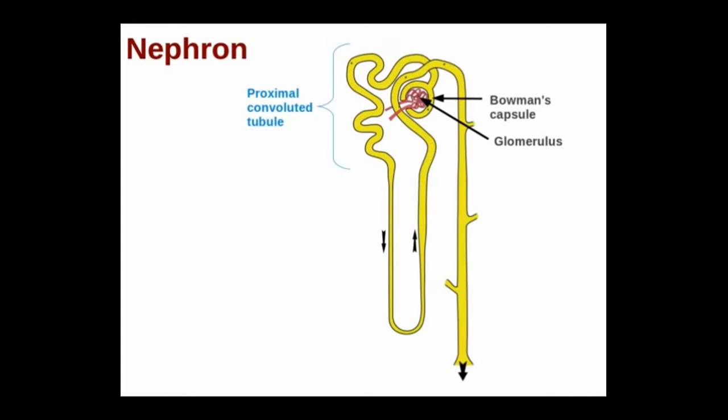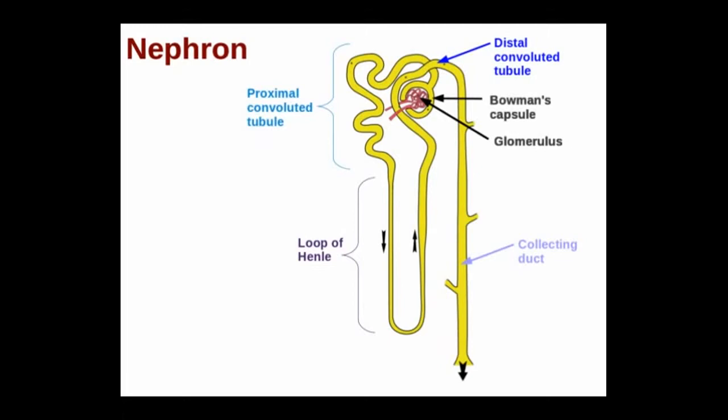The filtrate passes through the loop of Henle, where reabsorption continues, and as the filtrate passes through the distal convoluted tubule and the collecting duct, various things happen. There is reabsorption of some of the things that are forced out into the Bowman's capsule earlier on.